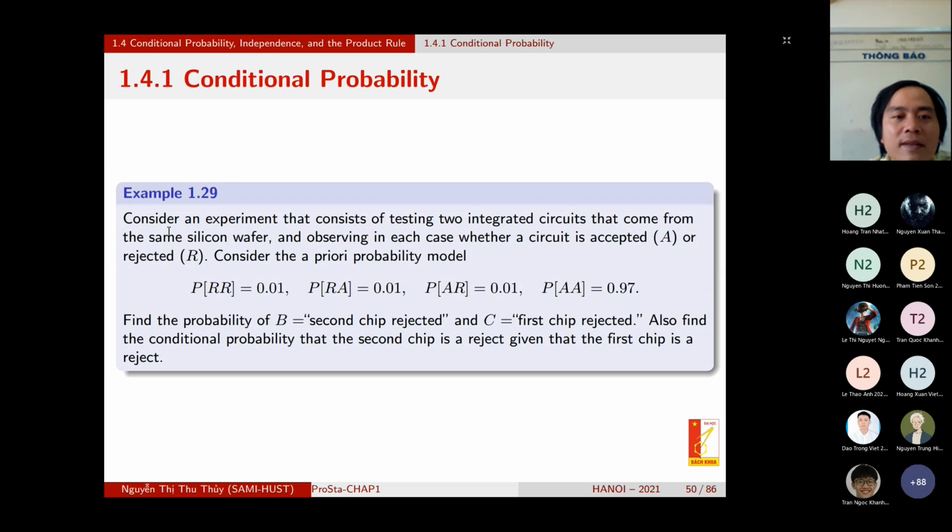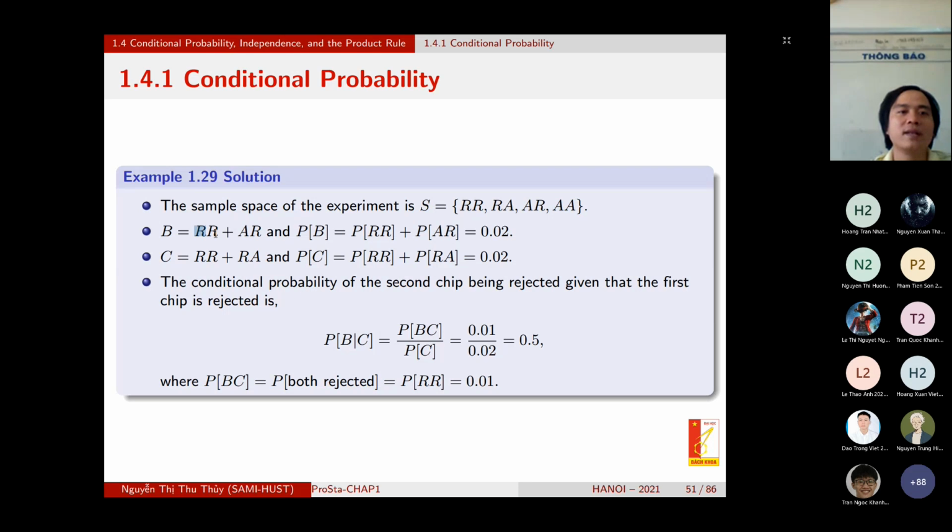What is the event B? The second chip is rejected. So we have 2 disjoint events here: the first rejected, and the first accepted, given that the second is rejected.